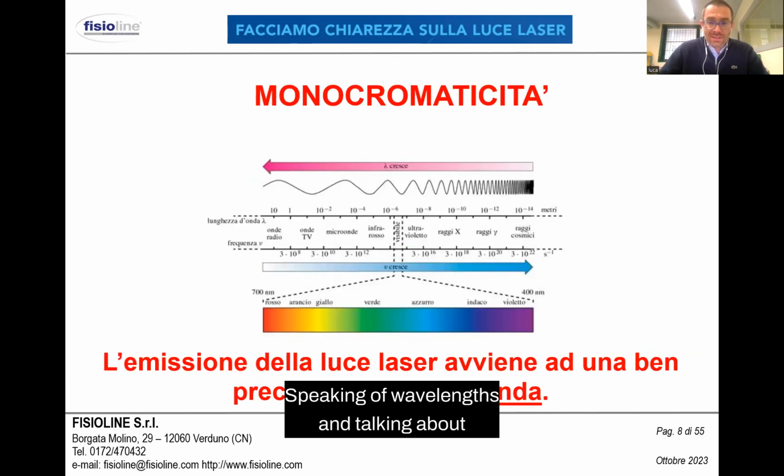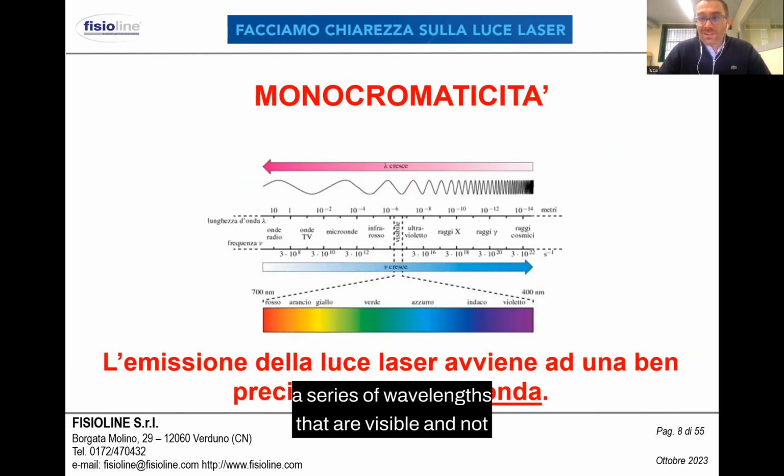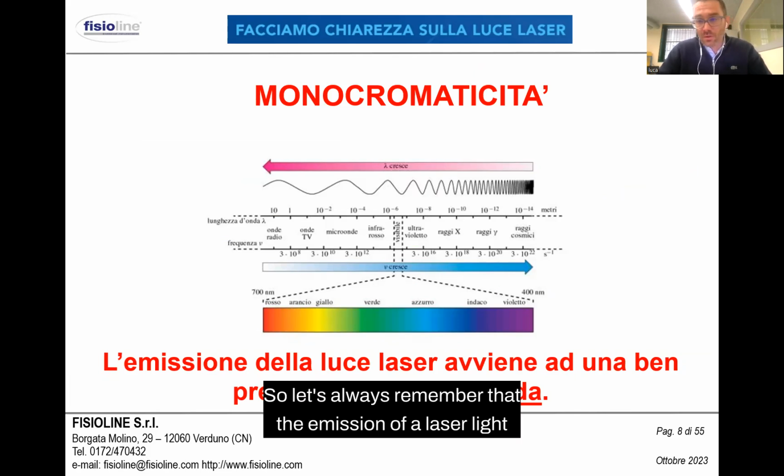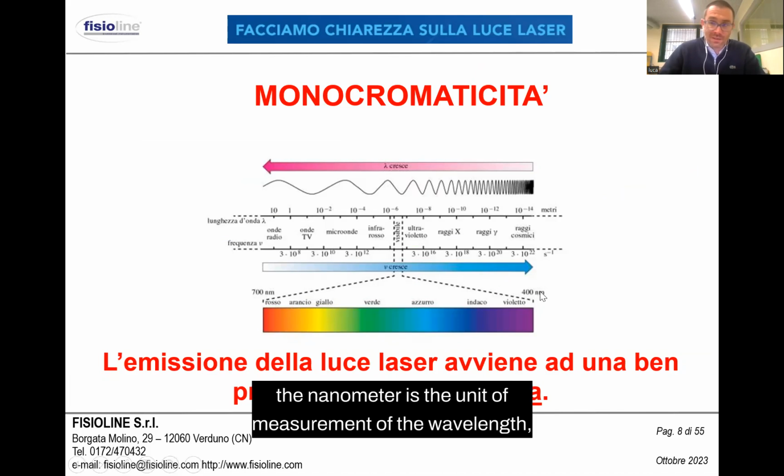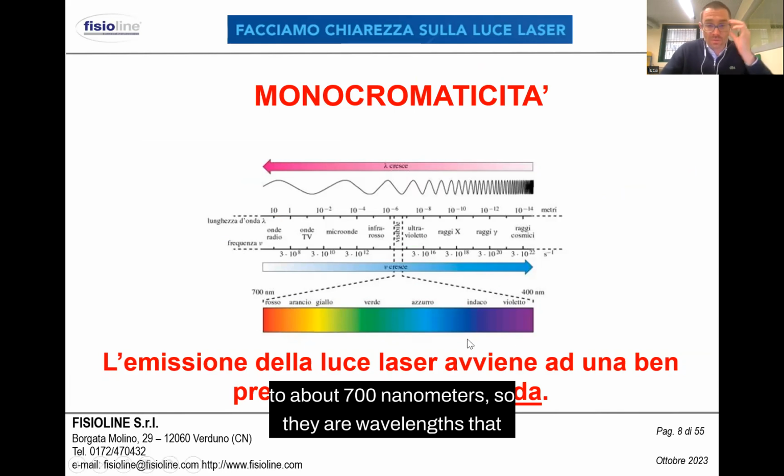Speaking of wavelengths and talking about monochromaticity, we see in this slide that there are a series of wavelengths that are visible and not visible to the human eye. So let's always remember that the emission of a laser light takes place at a specific wavelength, and in this graph we have a range that goes from 400 nanometers, the nanometer being the unit of measurement of the wavelength, to about 700 nanometers, so they are wavelengths that have a specific color.